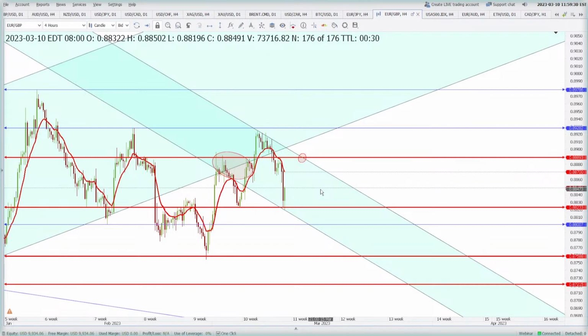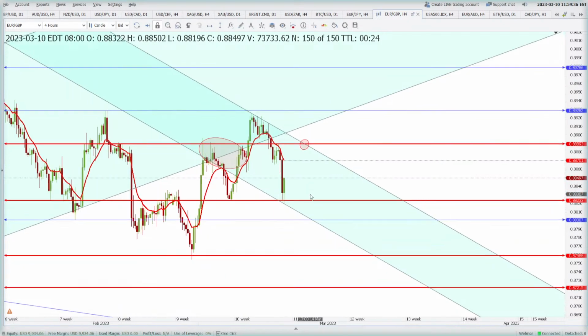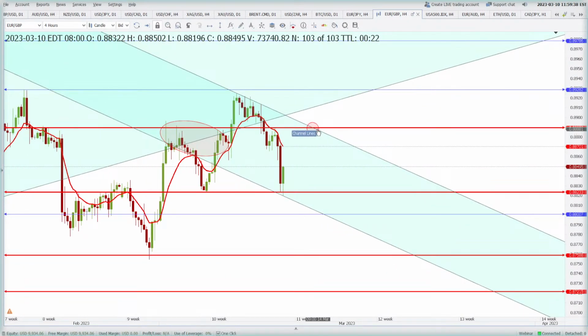Now right now what you said is 0.8886 is the resistance. Yes, this is resistance. In fact, this is really a confluence of resistance if the price goes here on 14th of March or on 13th of March. Till the time the price gets rejected here, the downtrending market structure will be intact.